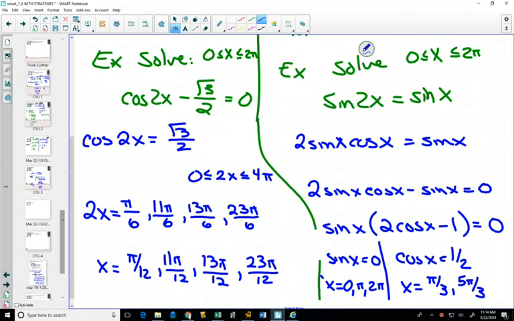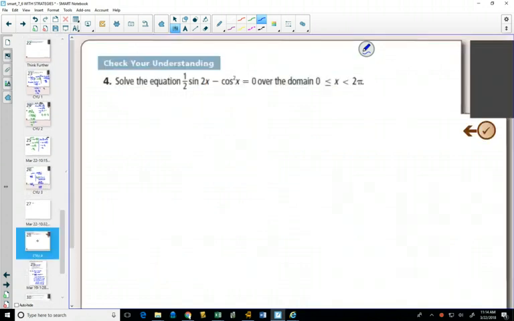And finally now we can turn back to page 657 to example 4. We have 1/2 sine 2x minus cos squared x equals 0. So we have a double angle identity in this one, and it says solve.